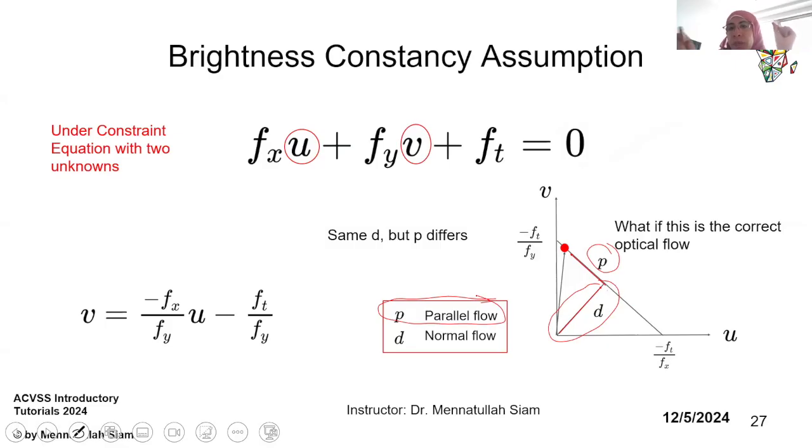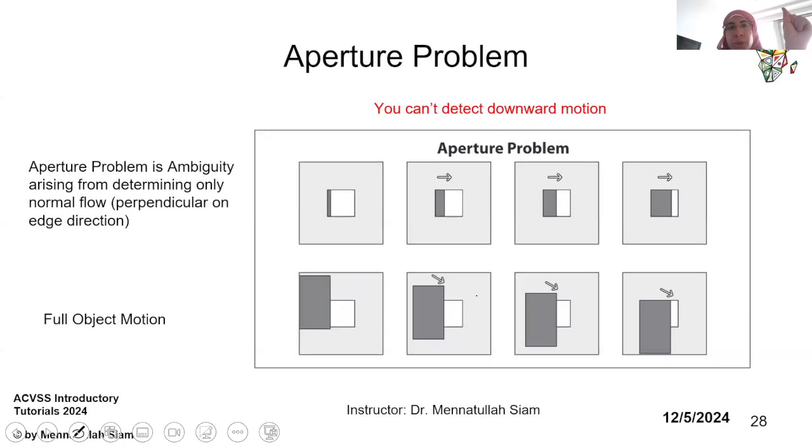So you will find something called the aperture problem. It's an ambiguity that happens because we're only able to determine the normal flow. We're not able to determine accurately the parallel flow.